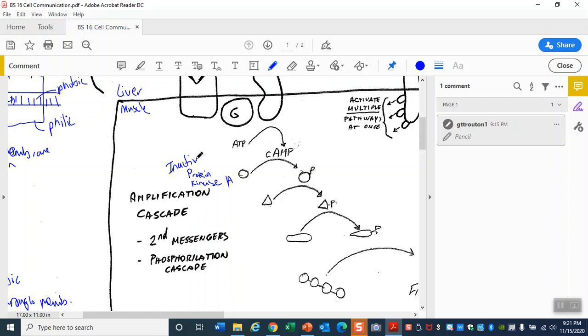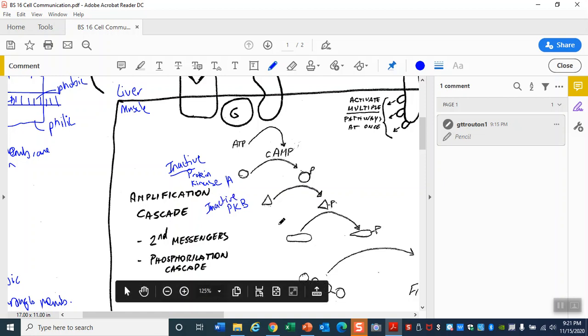I want you to write this. This triangle, and I'm going to abbreviate it as PKB, is protein kinase B. Just like here, it is also inactive in its default state.